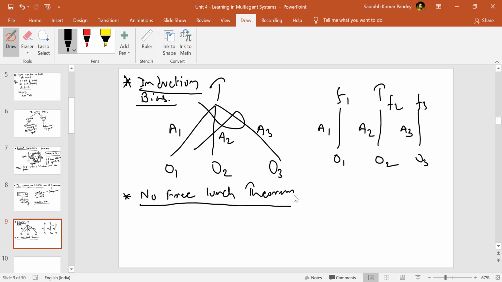Okay, so what it says is that if you have all possible learning problems and you find the average over all possible learning problems, there is no learning algorithm that outperforms all others.